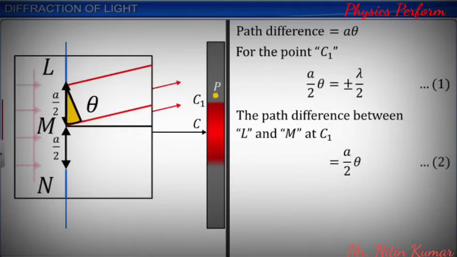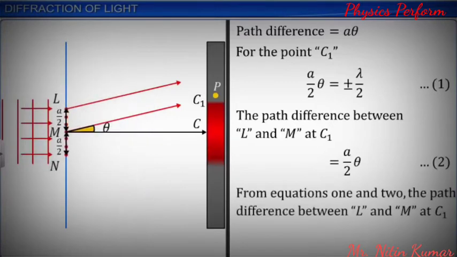From equations 1 and 2, we can conclude that the path difference between L and M at C1 is 1/2 of the wavelength of the incident light. Hence, the waves from L and M are out of phase and interfere destructively at C1. Now, if both the half slits LM and MN are considered, for every wave passing through LM, there is a corresponding wave passing through MN originating at a point a/2 below the first one, such that the two waves are out of phase at C1.